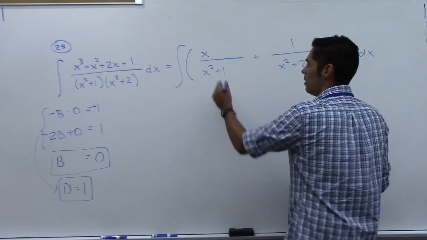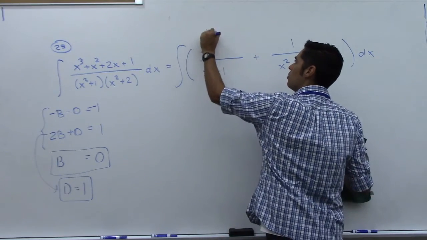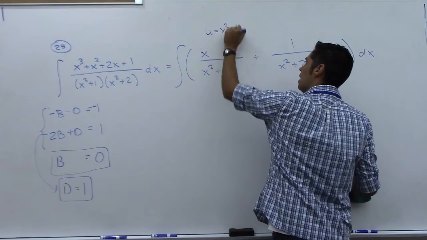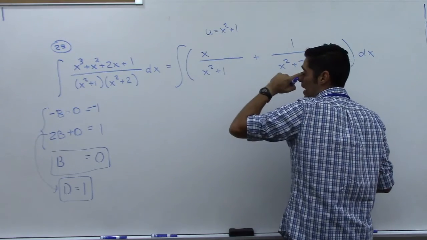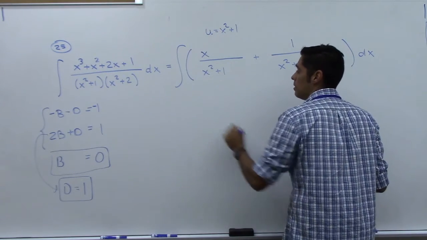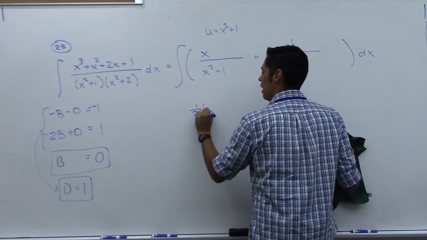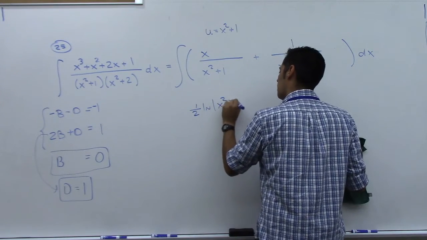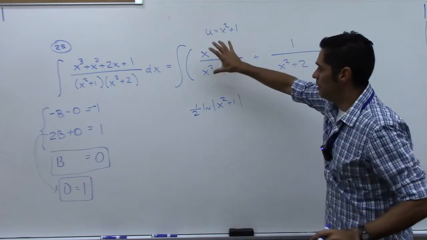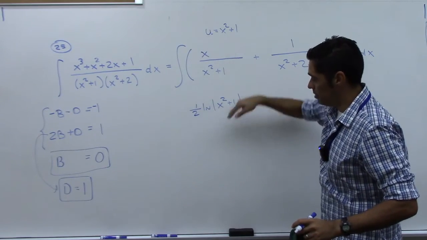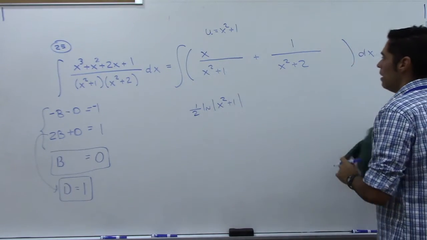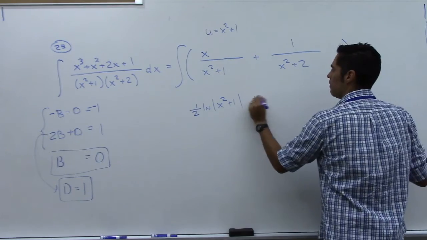Now, for this one, I make a basic u substitution. U is x squared plus 1, and then work through it. And you would get 1/2 natural log of x squared plus 1. That's what you would get if you did the substitution. We've done that. This is the third time I've done something like that. And then this one is an arctangent.